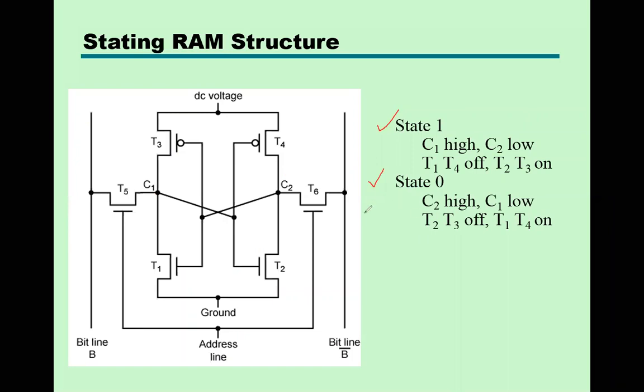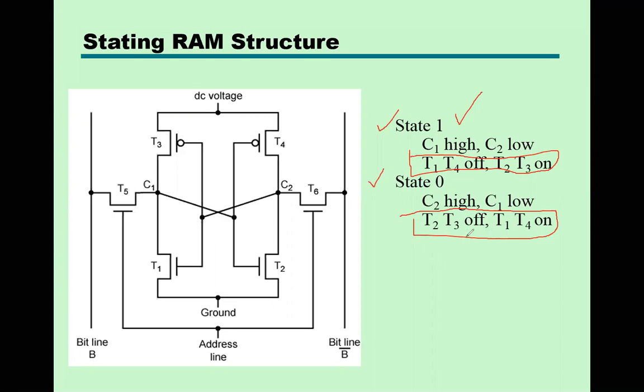Now here the capacitor is not holding any kind of charge. We are using it only to switch on or off. For state 1, we make C1 high and C2 low, and for state 0, C2 high and C1 low. But mainly we identify the state by the combination of these switches. If T1 and T4 are off and T2 and T3 are on, then automatically it is 1.